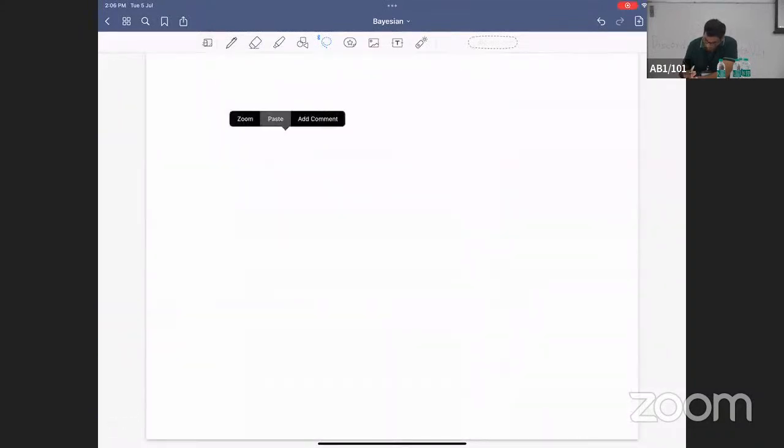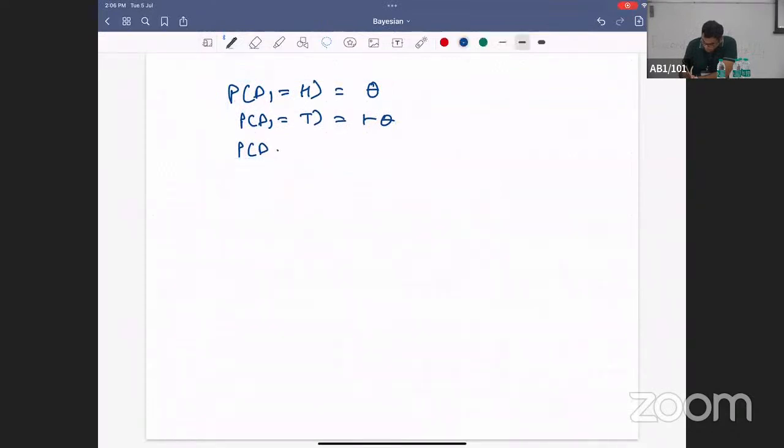So I'm just breaking down the Bernoulli likelihood. We can write probability of D1 equal to X is equal to theta to the power X times 1 minus theta to the power 1 minus X, right?